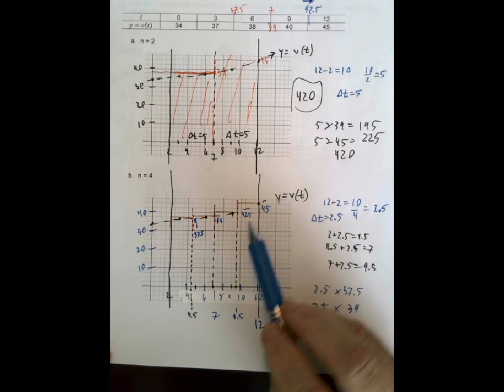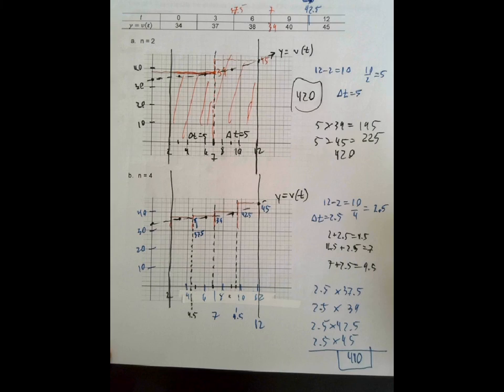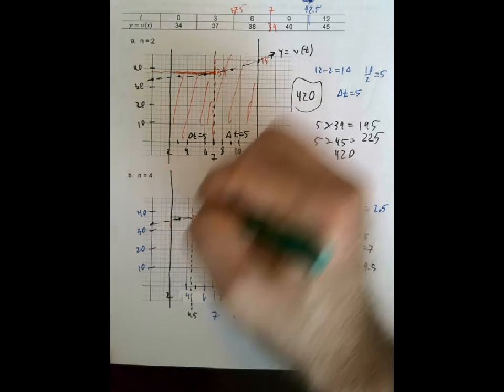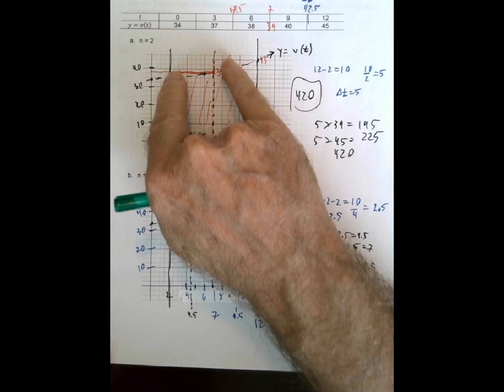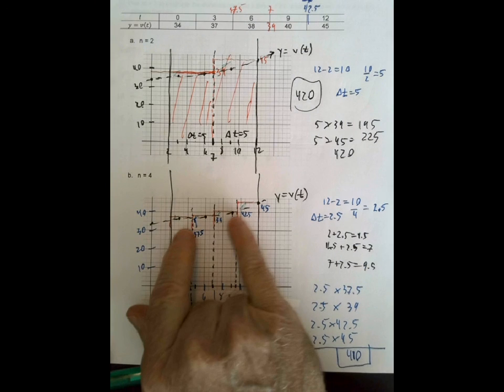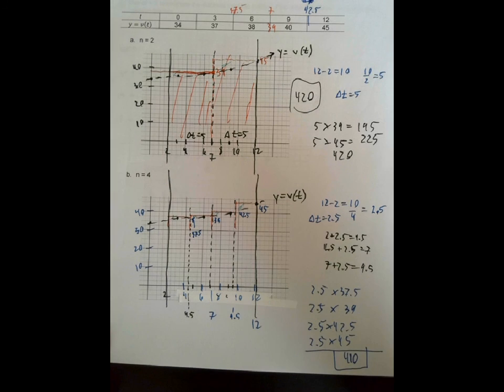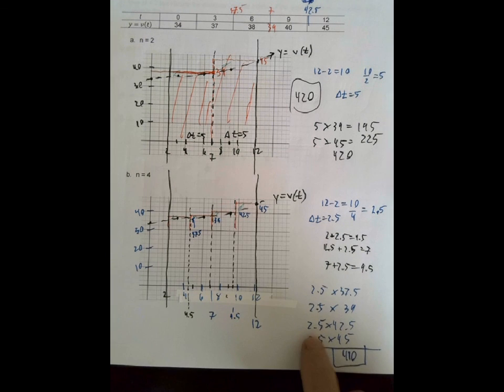Well, this one, because we've divided it into smaller rectangles, there's less excess space, right? This has got more excess space. This has got a little bit less excess space. So this is a smaller number because it's going to get lower and lower and closer to the actual value, right?